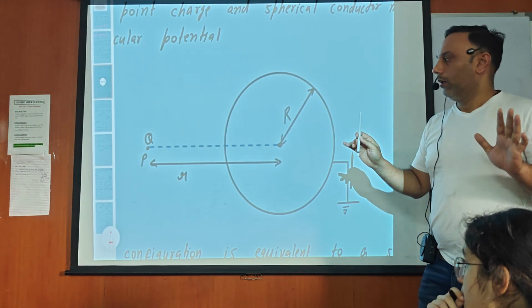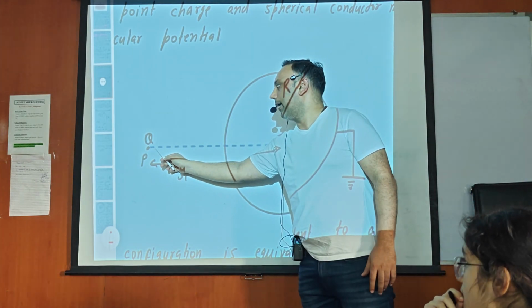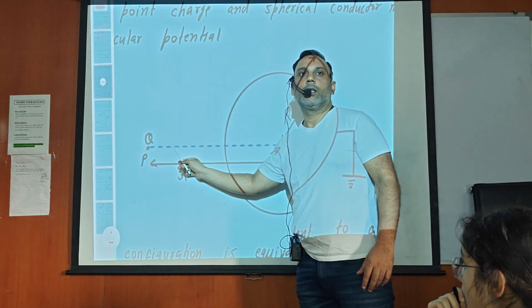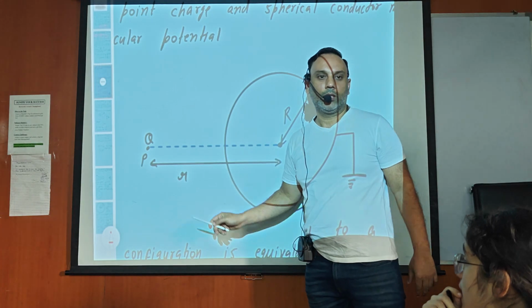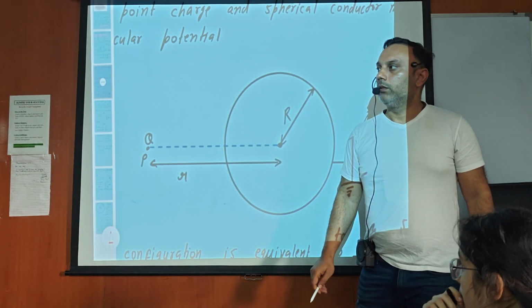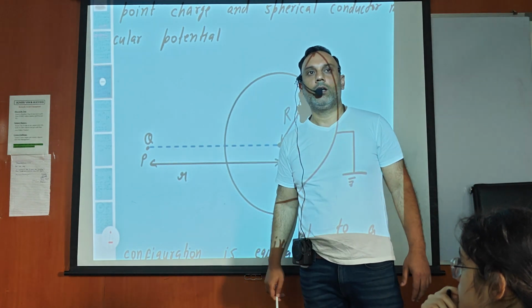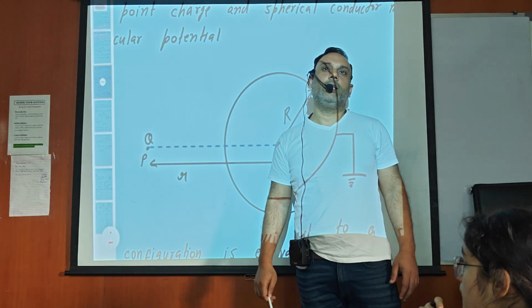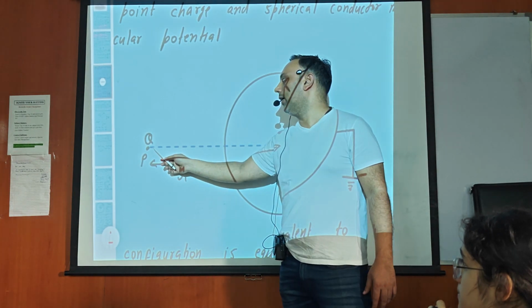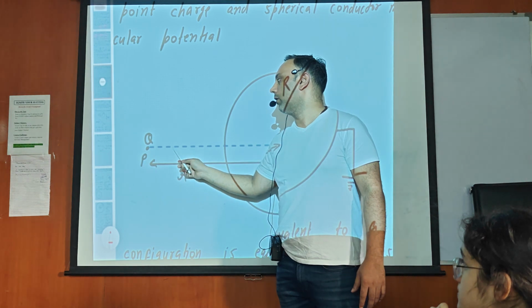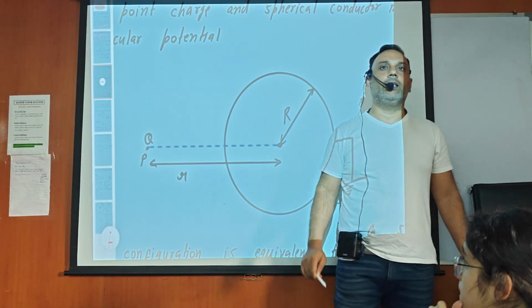And now at any distance x from this point P, the electrostatic potential is required. Tell me how we can proceed, how we can find it out. What do you think? How can we obtain it?